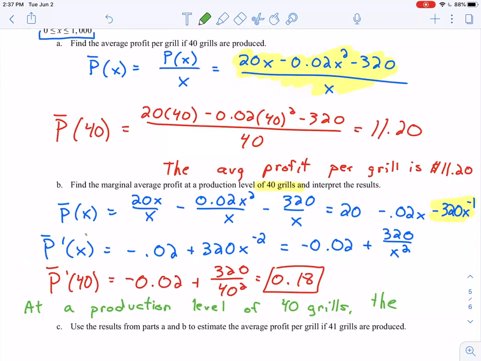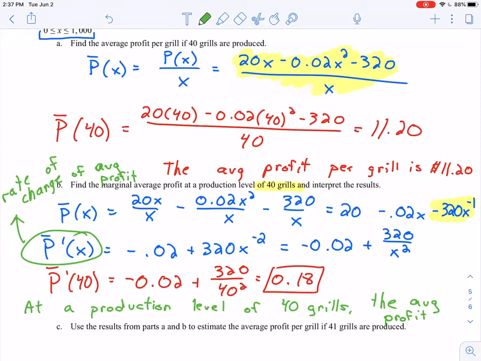When we talk about marginal average, this is the rate of change, because that's what the derivative tells us. It tells us the rate of change of, well, what did we take the derivative of? Of the average profit function right here. So if I want to talk about my interpretation down here, it says at a production level of 40 grills, the average profit, because that's what's changing.